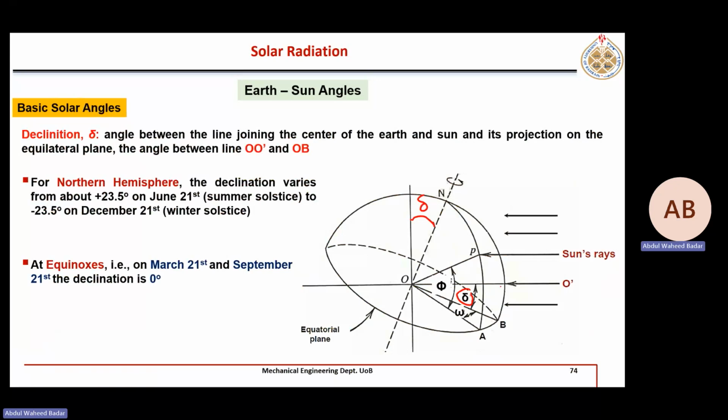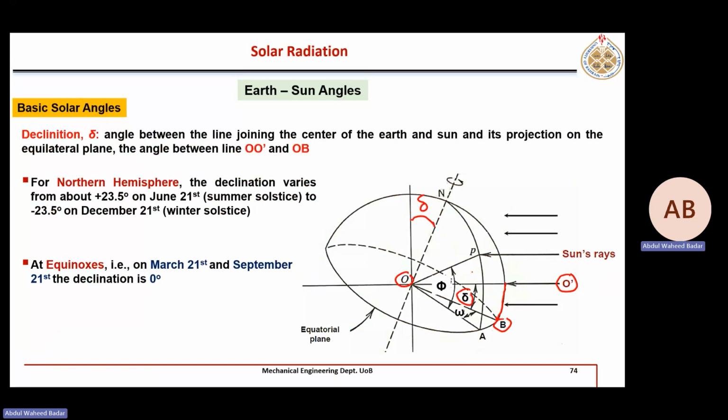It is the angle between the line joining the earth center and sun center, OO dash, and its projection on the equatorial plane, that is OB, right?